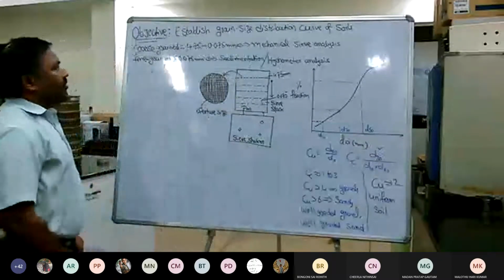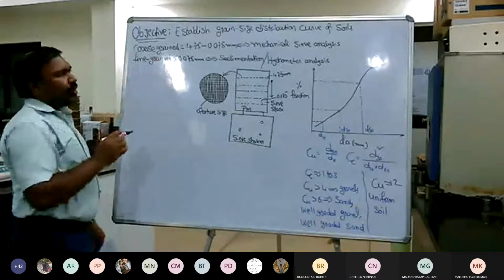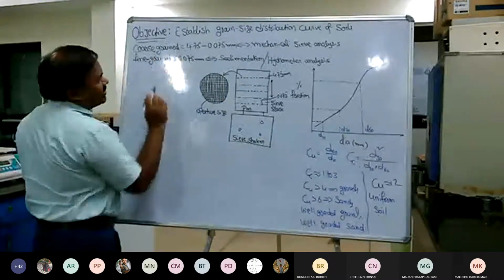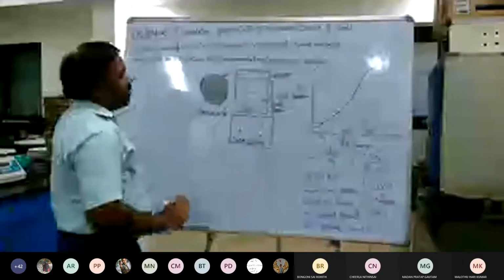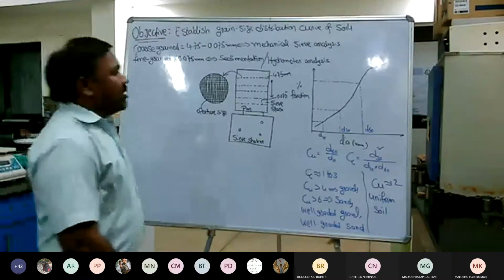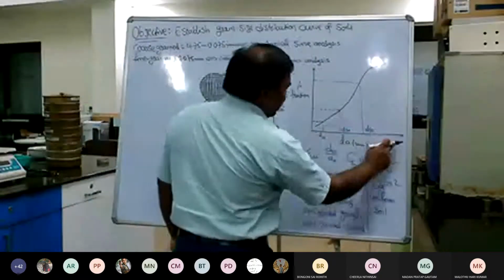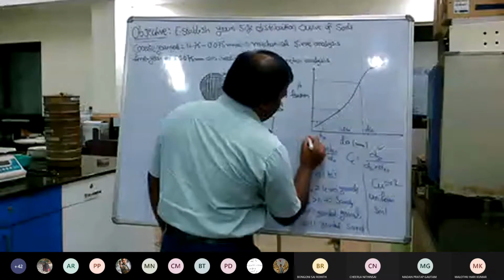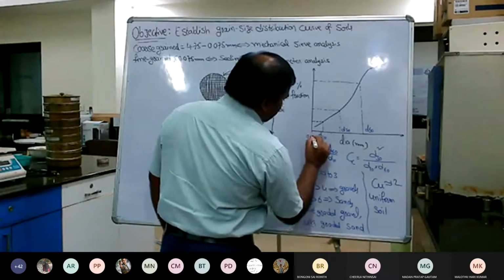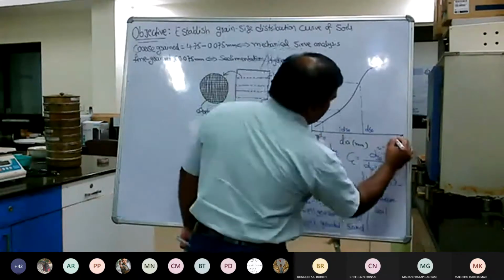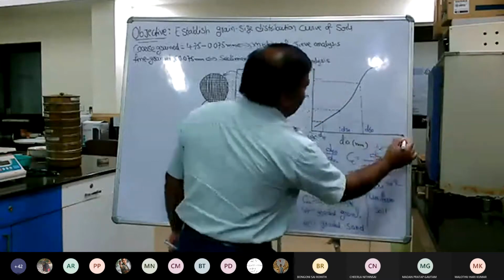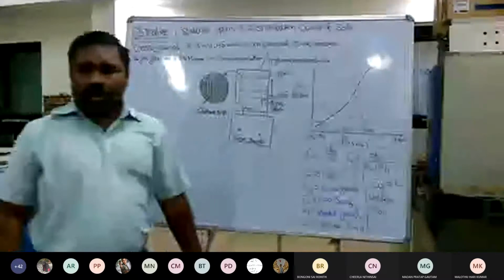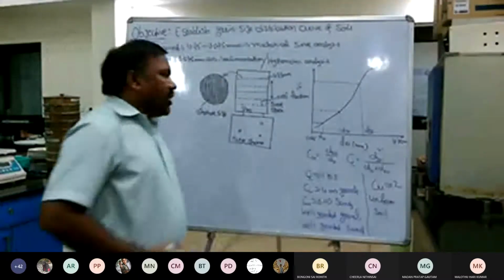For example, if you take the coarse grain soil whose maximum particle size is 4.75 millimeter and the minimum particle size is 0.075 millimeter, you can write that it may be in the range of 0.075 millimeter to 4.75 millimeter. So this is the range of your particle diameter on the x-axis.